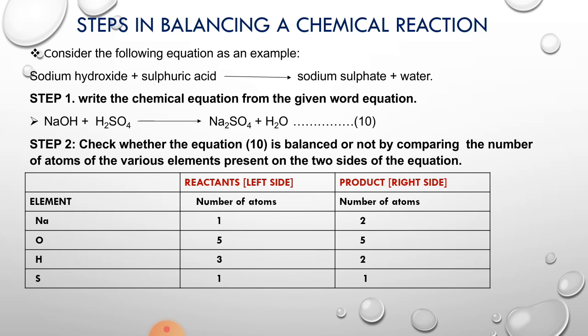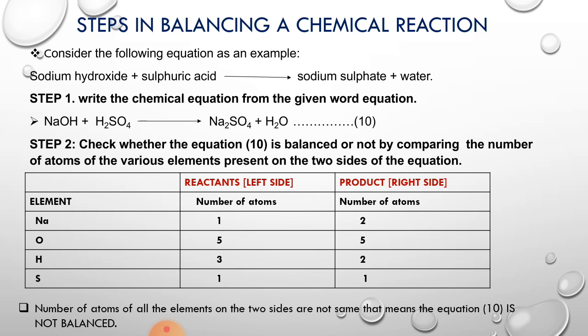And H is unbalanced. That means Na and H are not balanced. So this is not a balanced equation. We have to balance it. This is an unbalanced equation. So the number of atoms of all the elements on the two sides are not the same. That means equation 10 is not balanced, as I have told.